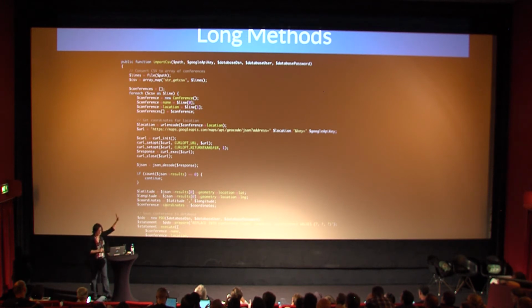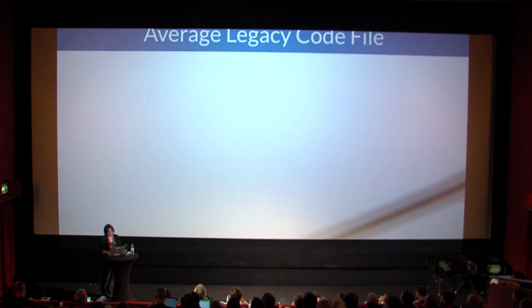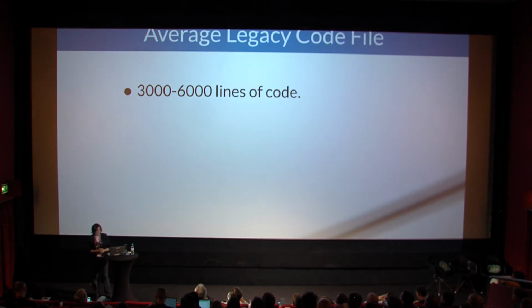Long methods: what it does is irrelevant, just long methods that may span pages and pages, or maybe they accept 20 arguments, which is very difficult to work with. It's just unwieldy. The average legacy code file that I have to deal with is between 3,000 and 6,000 lines of code.